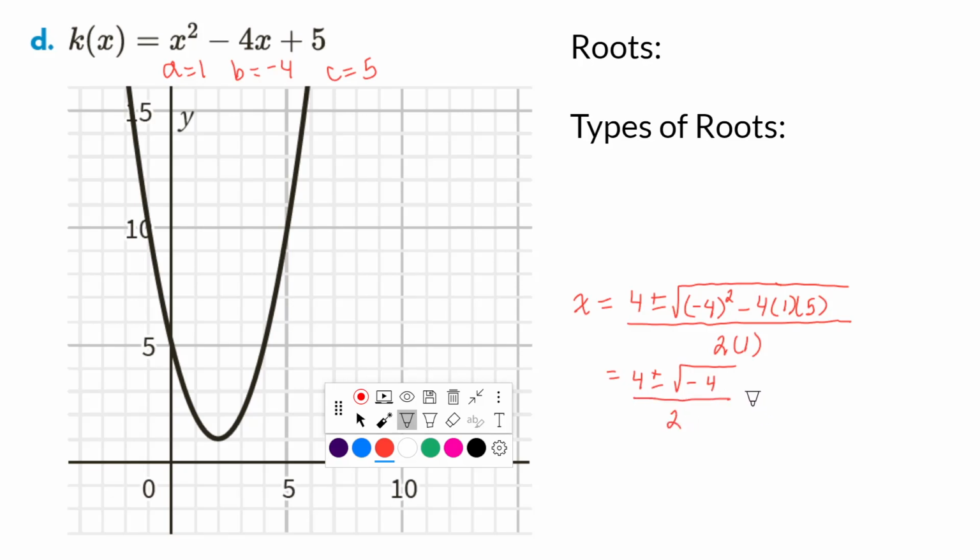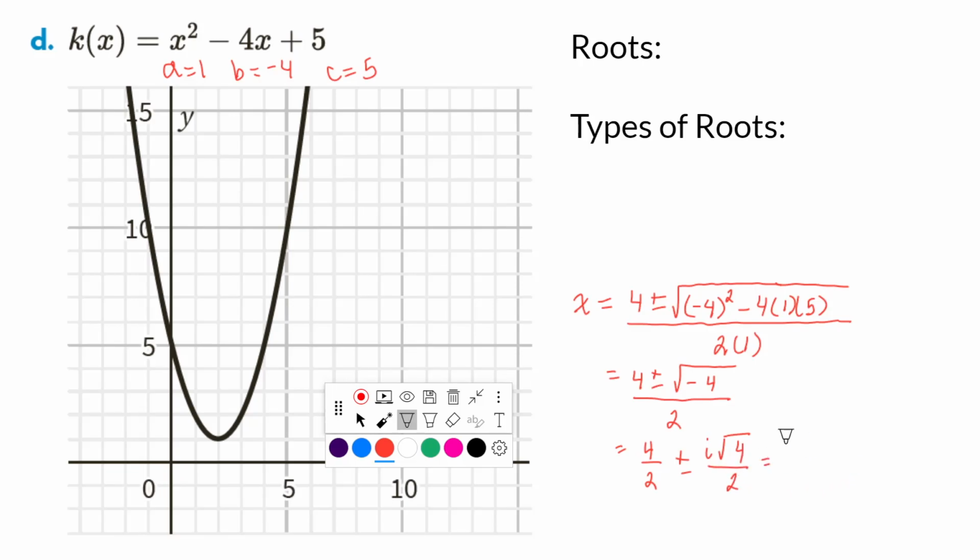Now, when you have the square root of a negative number, that introduces the imaginary number. So if I'm going to simplify this, I can think of it as 4 over 2, plus or minus i, square root of 4, over 2.